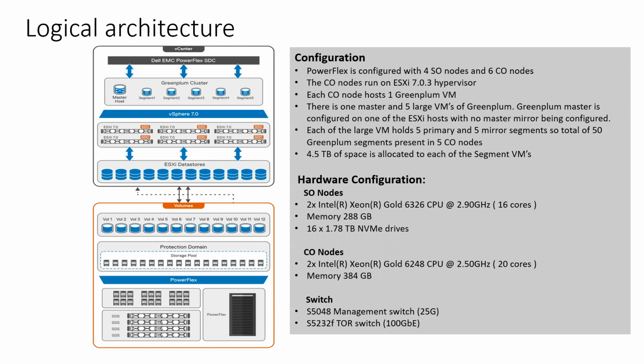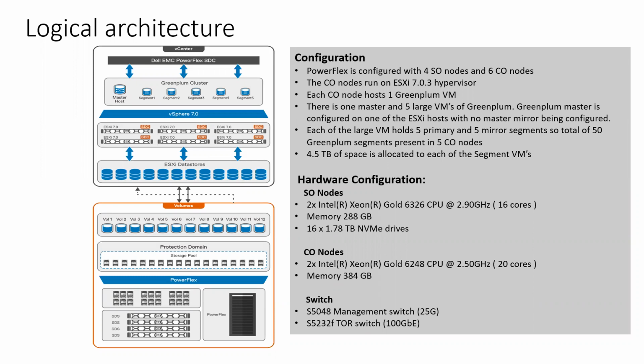The CO nodes are configured with 20 cores into 2, that is 40 cores in all, with 6248 as the CPU. The SO nodes have 16 into 1.78 terabytes of NVMe drives each. From the Greenplum standpoint, we have 5 large VMs of Greenplum and 1 Greenplum master.